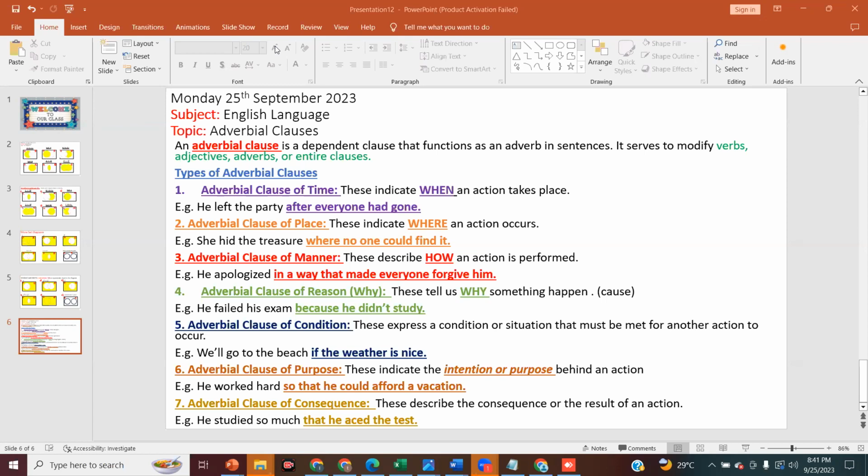Once you finish, send it to me via WhatsApp.